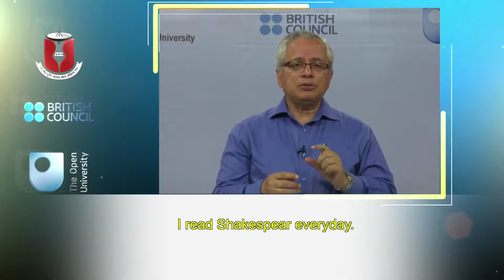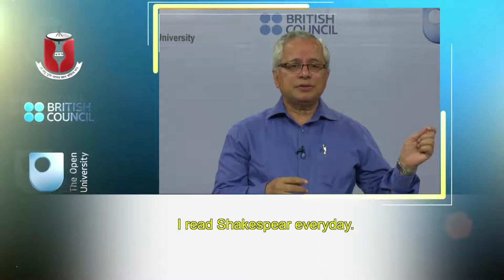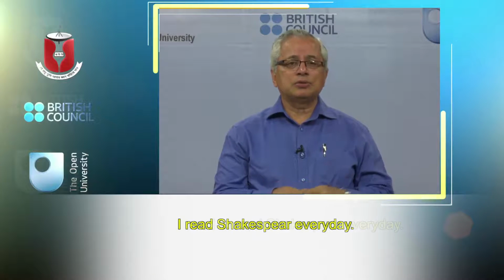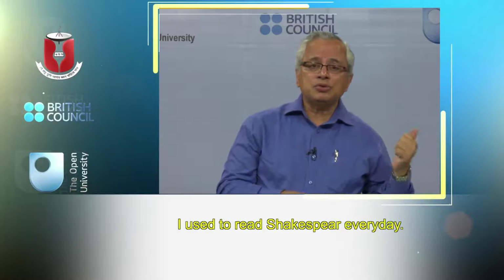But if I want to take it in the past as a habit, then I can do it in two ways. I can say I used to read Shakespeare every day, okay, or I would read Shakespeare every day. These two forms are possible to describe a past habitual action.